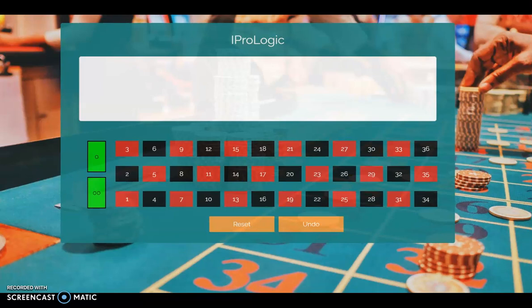Okay, so before we begin, I'd just like to share a few important thoughts with you. Please watch this video to the end. There are various ways of using the Iprologic TRACKER 4.0. As many of you have seen in all our videos on our channel, there is using the 24 numbers, which gives you a massive edge. And a lot of people on your first spin you hit, second spin you hit.